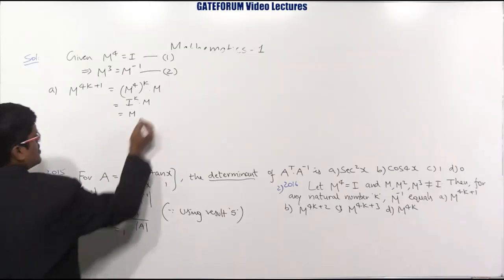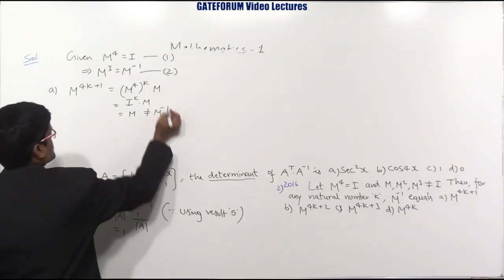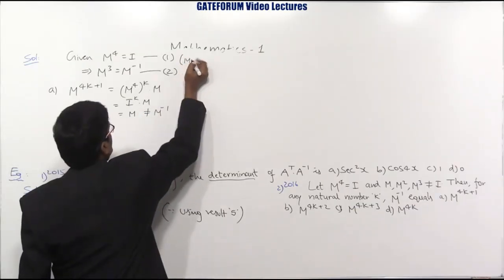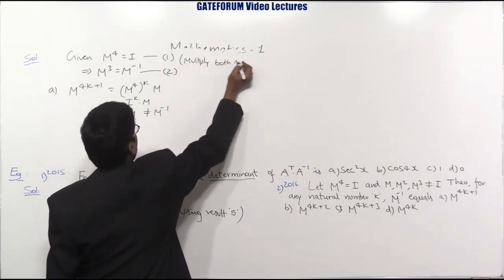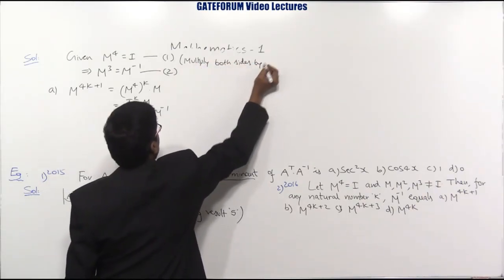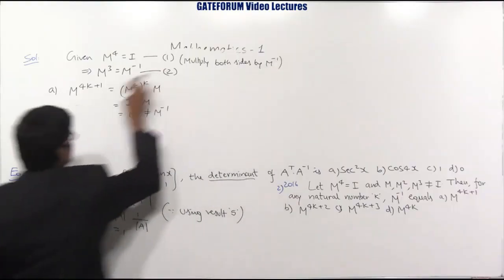But m is not equal to m inverse. Here what I have done, multiply both sides by m inverse, you will get equation 2.